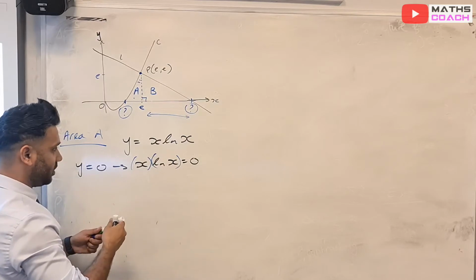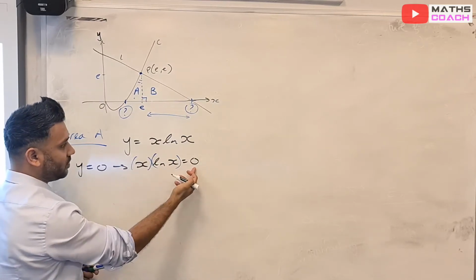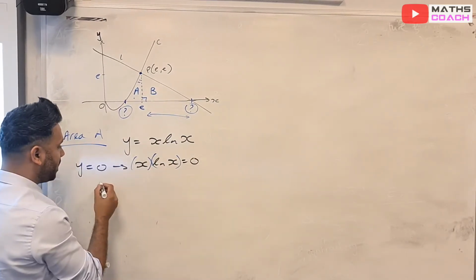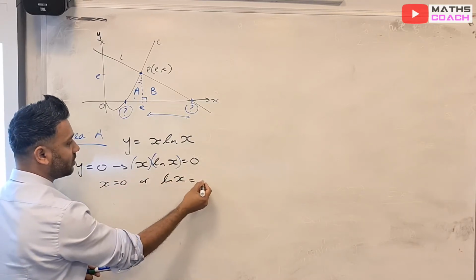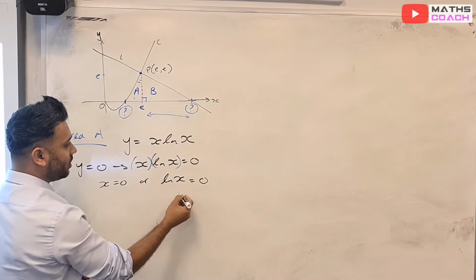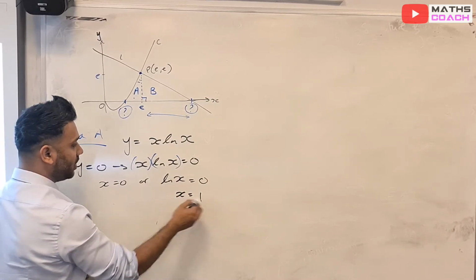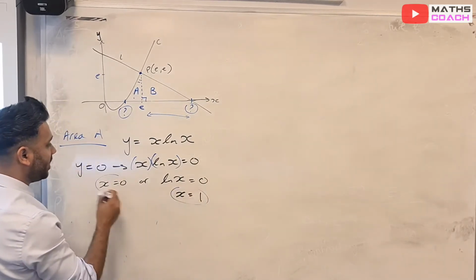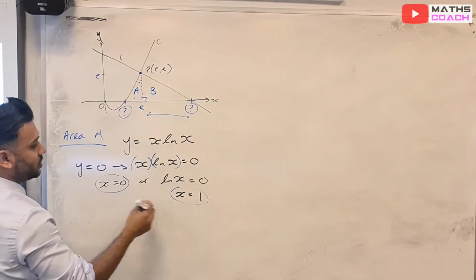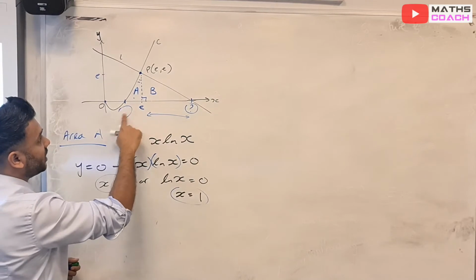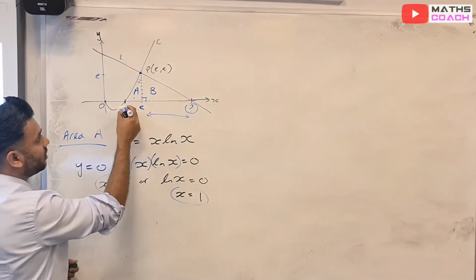So two factors multiply to give you 0, so one of them must be 0. Either x equals 0 or ln x equals 0. If ln x equals 0, then x must be equal to 1. So we have two solutions here. Obviously, we know that the origin is a root, and so the second solution is the one we need. So this value here would be 1.